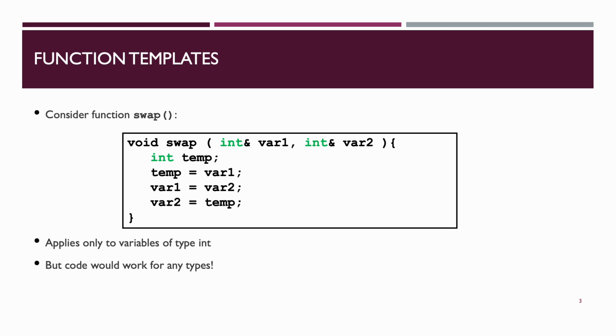However, as it's currently defined, it only applies to integers. To make this function more flexible, we can turn it into a function template. By doing so, we will make swap work with any data type, making our code more reusable and adaptable.